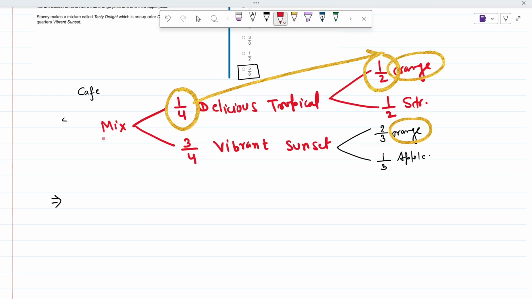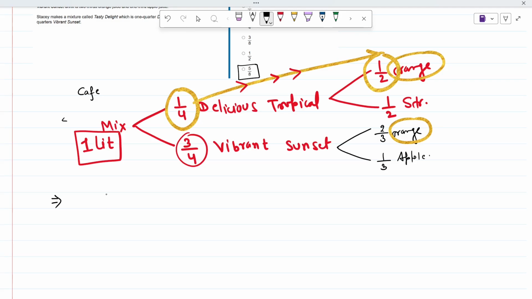See, if you consider the total mixture as 1 liter, then obviously 1 by 4 liter should be the delicious tropical drink and 3 by 4 should be the vibrant sunset. In this 1 by 4, you will have half of orange juice, and in this 3 by 4 liter, you will have 2/3 of the orange juice.